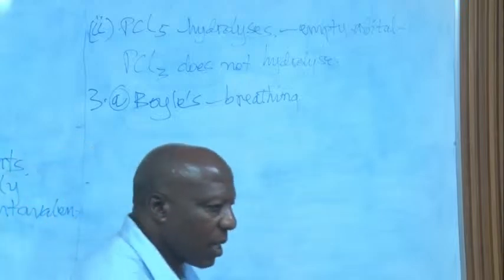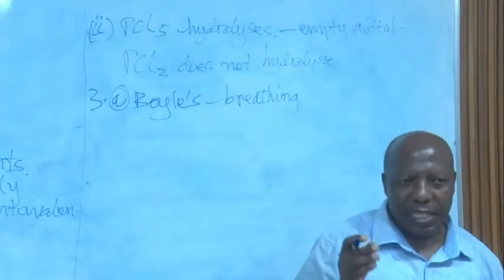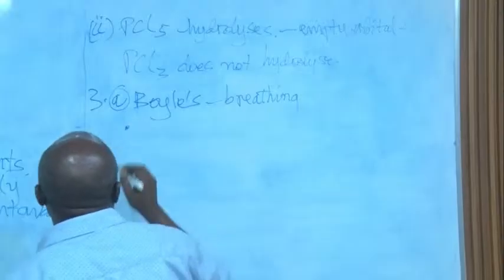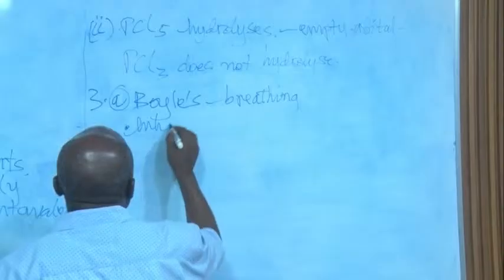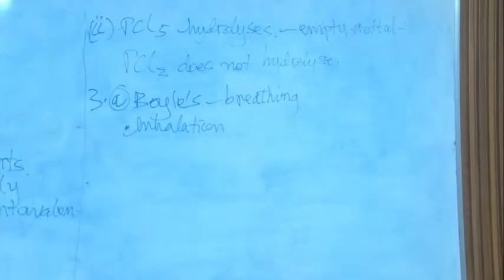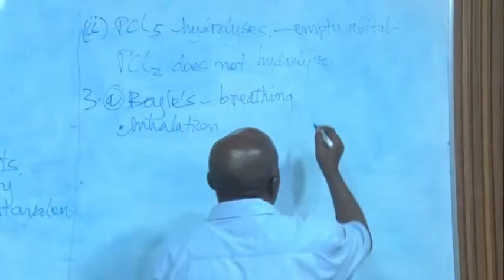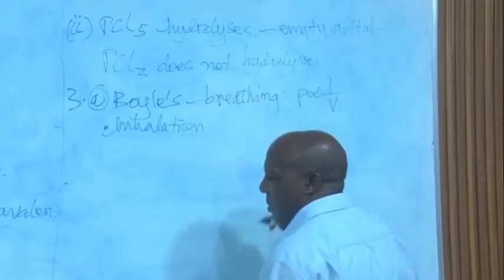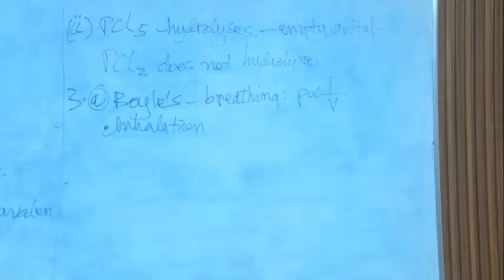Now breathing has two processes: we have exhalation and also inhalation. Inhalation means taking in air. So during inhalation, according to Boyle's law, which says that pressure is inversely proportional to volume, when the pressure increases, the volume decreases, and vice versa.